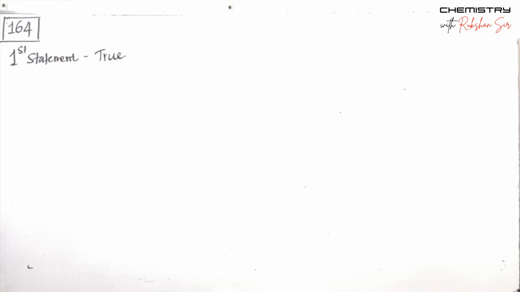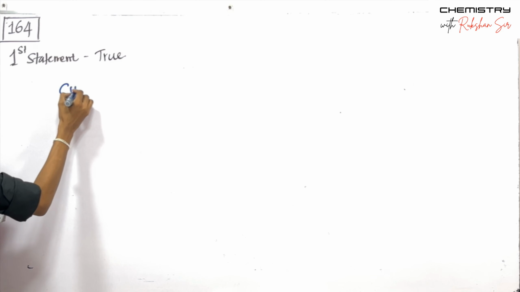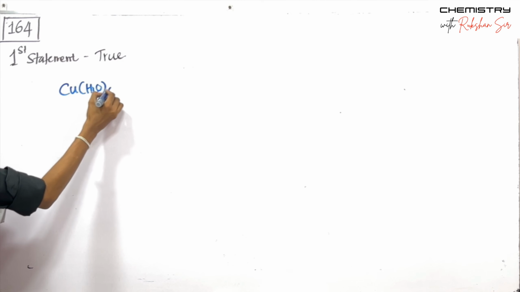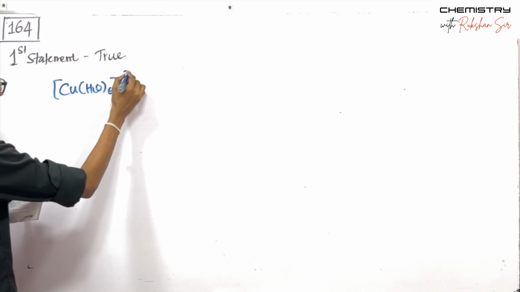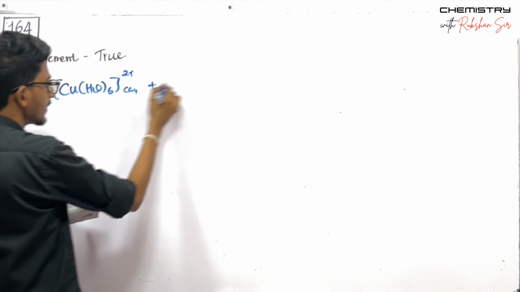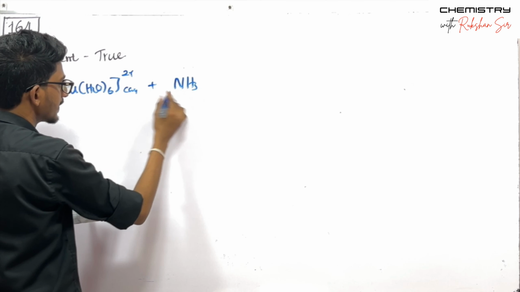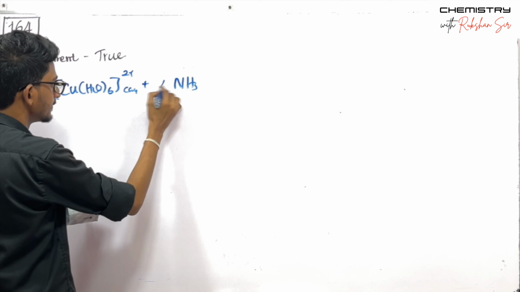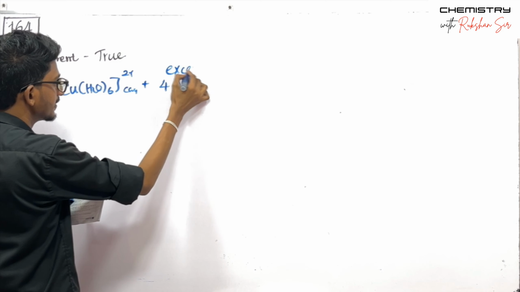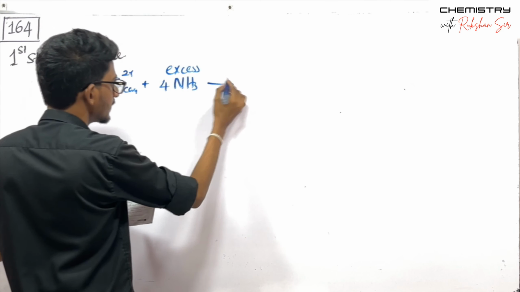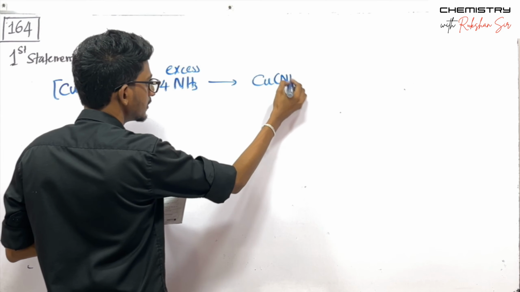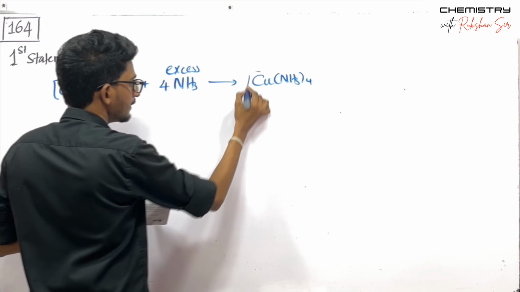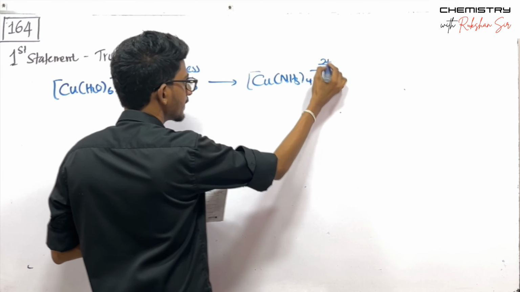This is what happens now. The copper hexaaqua complex will react with the excess of ammonia. So the excess ammonia is needed to form the amine complex by releasing the water molecules.